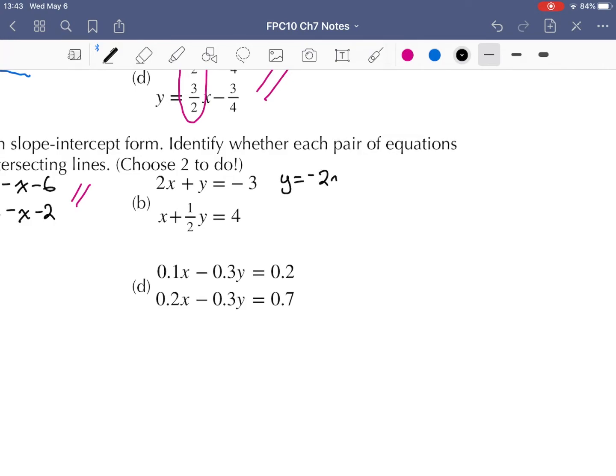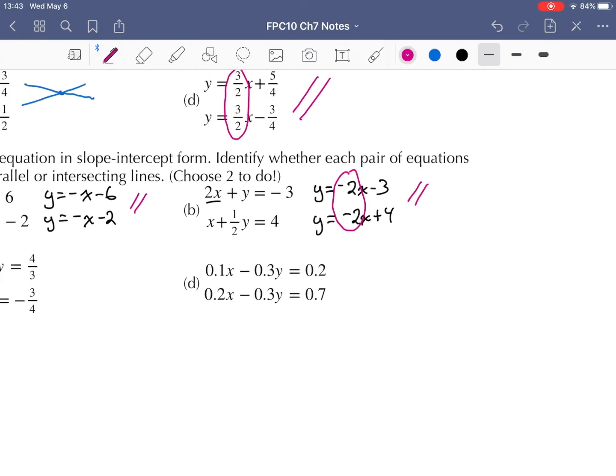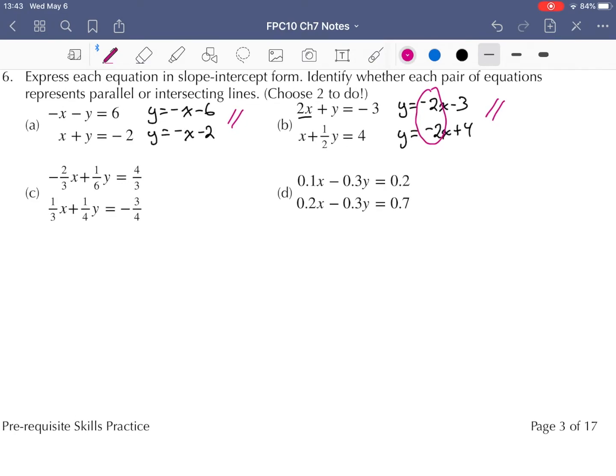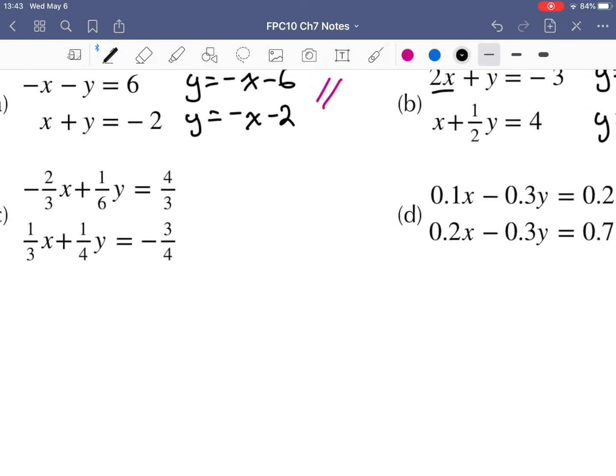Letter B. Our top equation becomes y equals -2x plus -3. Right, we just swap that guy over. And our second one becomes y equals -2x plus 4. Again, we look here. Same slope, parallel.